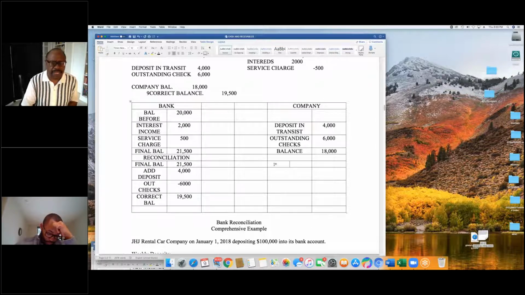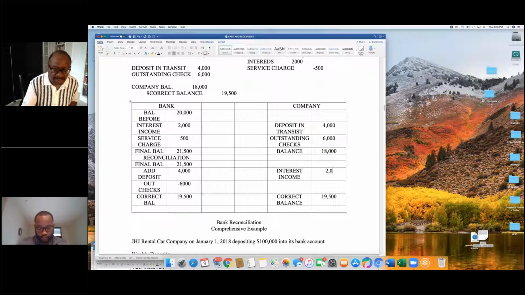Now, for the company, well, first of all, we know that the correct balance that the company has to have is that same 19,500. But the company has to come over here and it's got to pick up the interest income because it doesn't have it. So that interest income that the bank gave them, $2,000. Then they don't have the service charge.